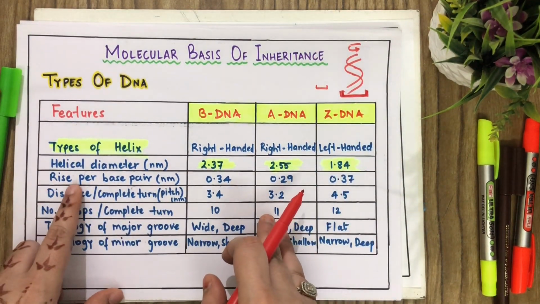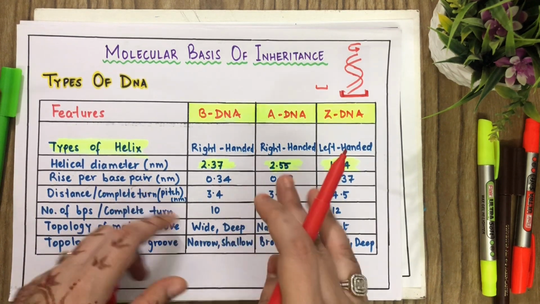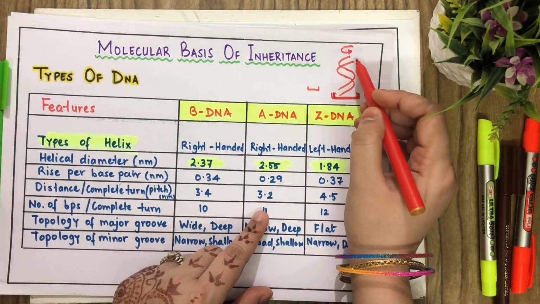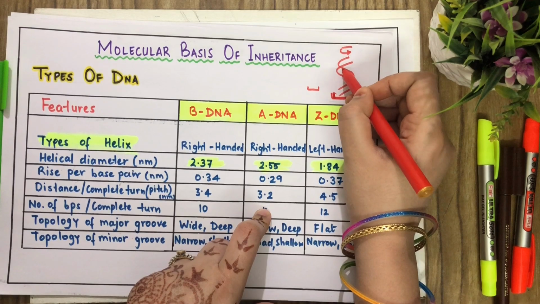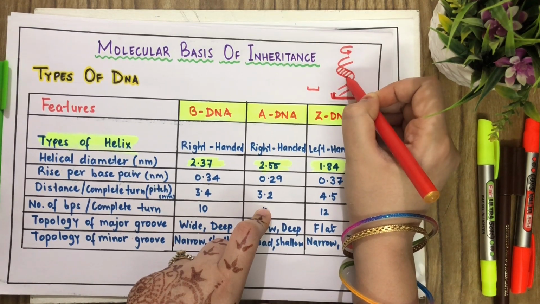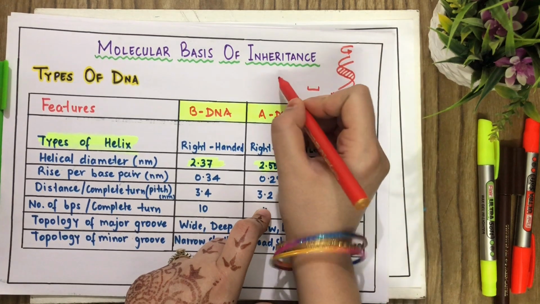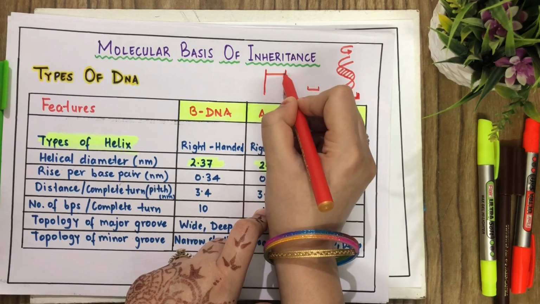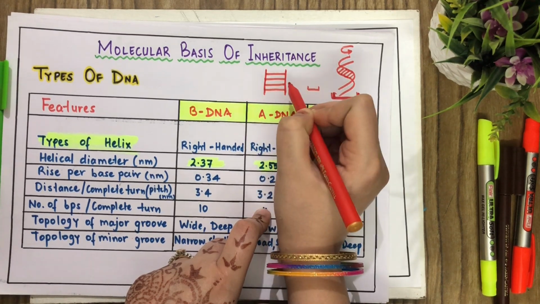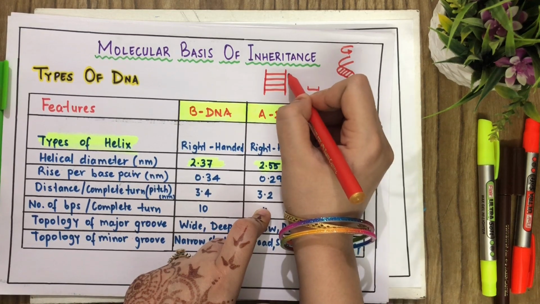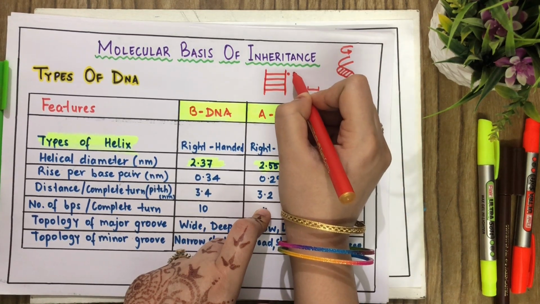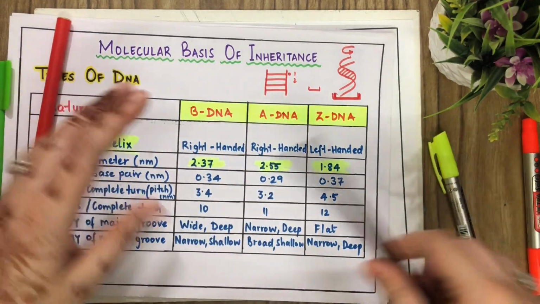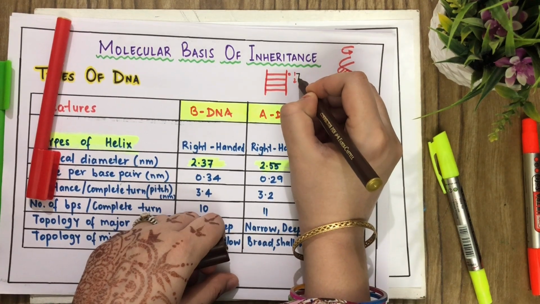Fine. Rise per base pair. Now what do you mean by rise per base pair? This is a DNA structure, and this DNA structure will have base pairs in it. Let's suppose this is one strand, this is the second strand, and this is the base pairing occurring. So one base pair and this is the second base pair. Now between these two base pairs there will be some space.